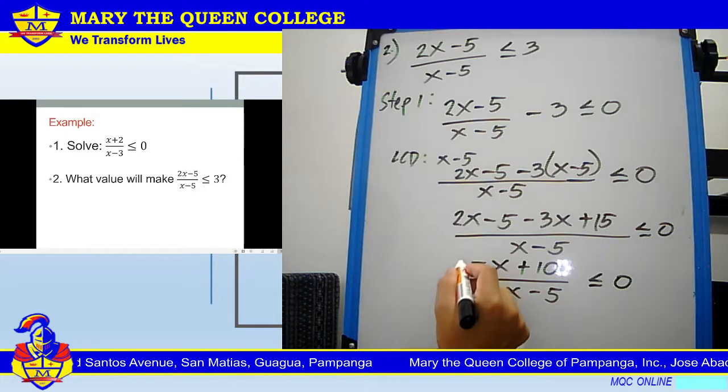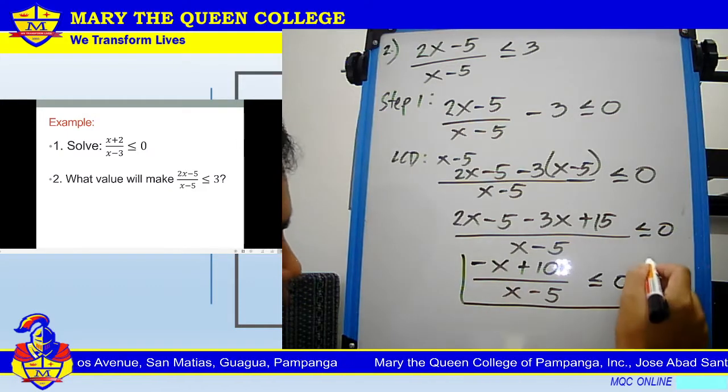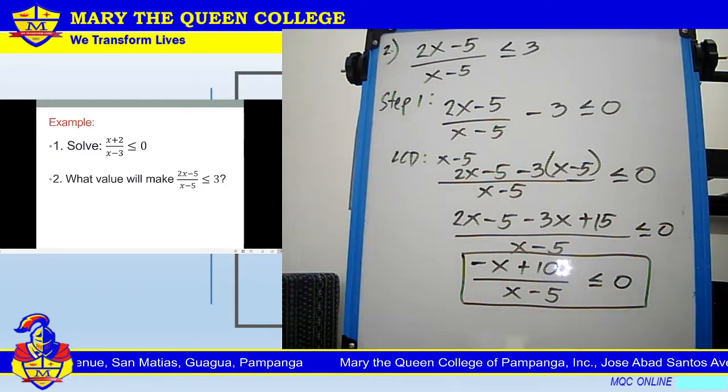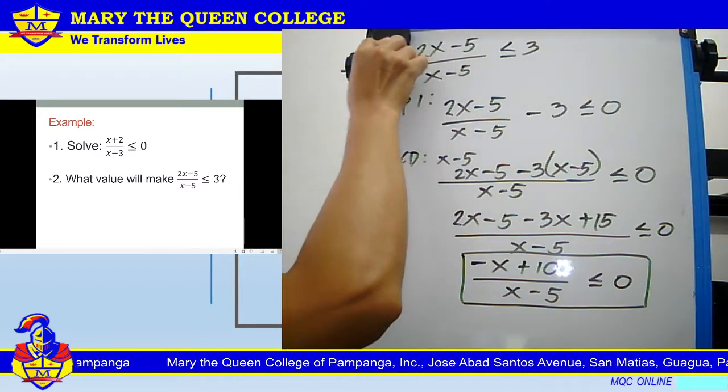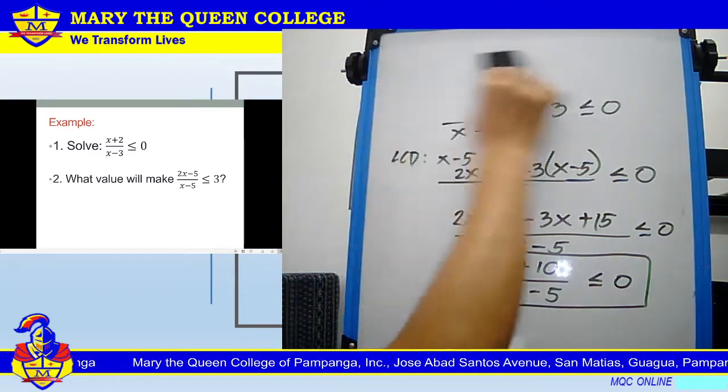So this would be our new inequality to consider: negative x plus 10 all over x minus 5 is less than or equal to 0. Then proceeding with our step 2, just like in our previous video.